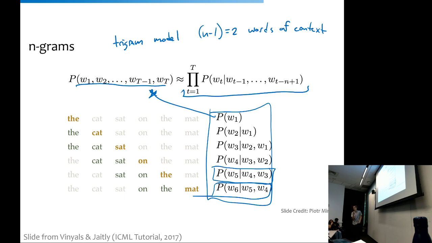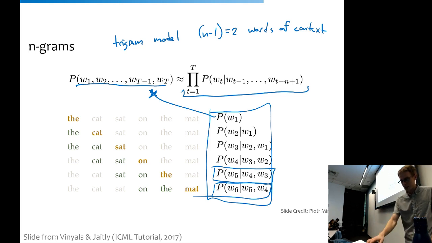So for every triple of words, we need to store 1 parameter, the probability of the third word following the previous 2. Okay, in practice, do we actually need all V cubed parameters for, say, a model of English? No, why not? You only need ones that actually appear. Yeah, many sequences of 3 words are just never going to appear anywhere. And so if you're building this probability distribution using some data set, many of those trigrams just won't appear. So you only need to store the ones that do.